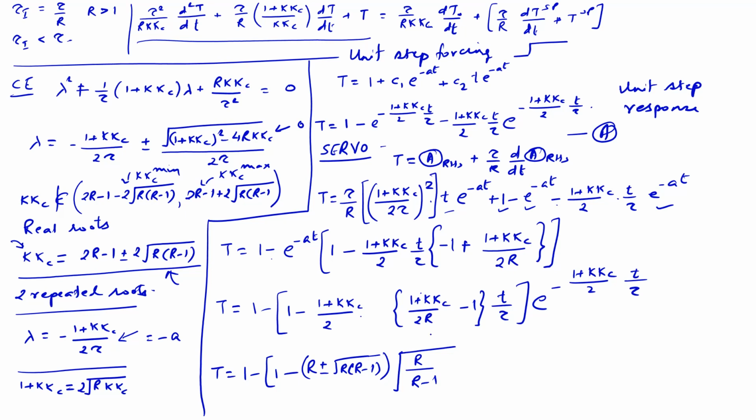So you have this term plus minus square root, t by tau, and then you get the exponential of minus r plus minus square root of r times r minus 1 times t by tau. So this is the servo response.